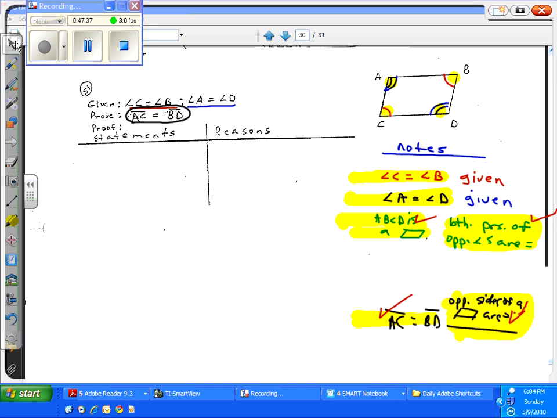We go to the next needed statement. This statement was needed to prove it was a parallelogram because opposite sides are equal. Its reason is given. We check to see if it's in the given, and it is. So that reason is justified in that one single statement.